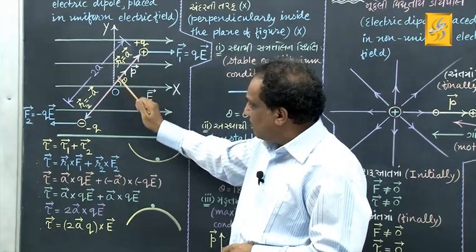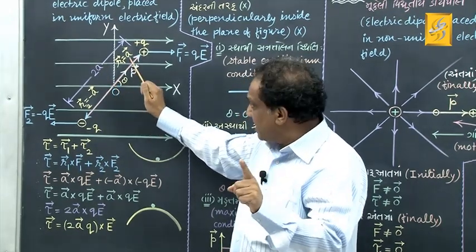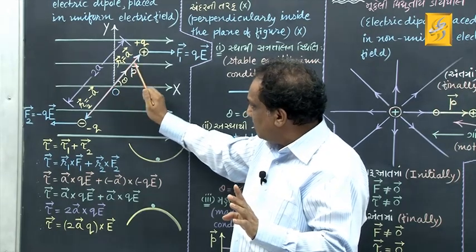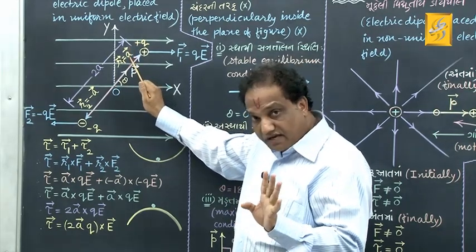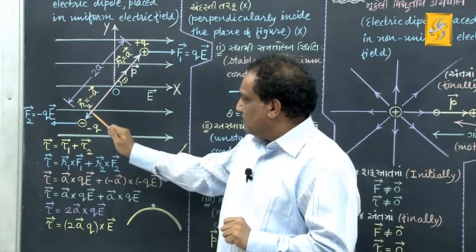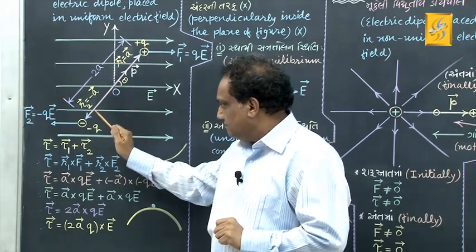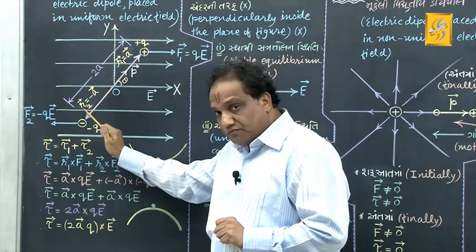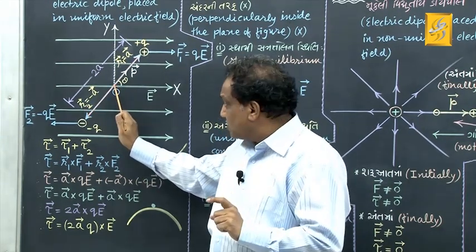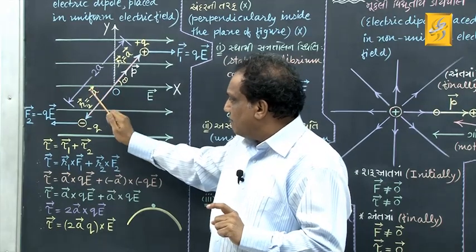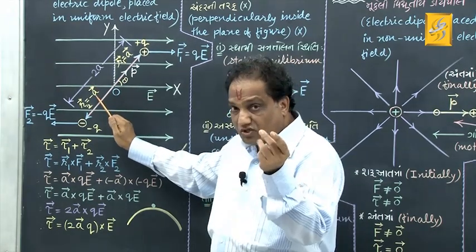This length is half of 2a, which means a, and let this vector be vector small a, correct. Similarly the position vector of the second charge with respect to the origin is in this direction, and let it be vector r2. It is just opposite to vector a, so I am writing minus vector a.